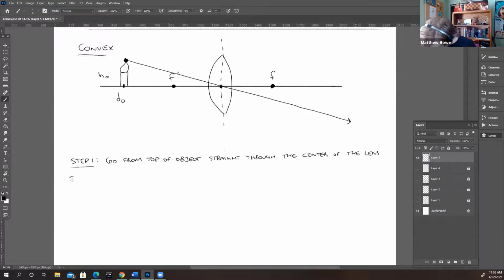Step two, here's something. I'm going to underline this because we're always going to start from the top of the object.